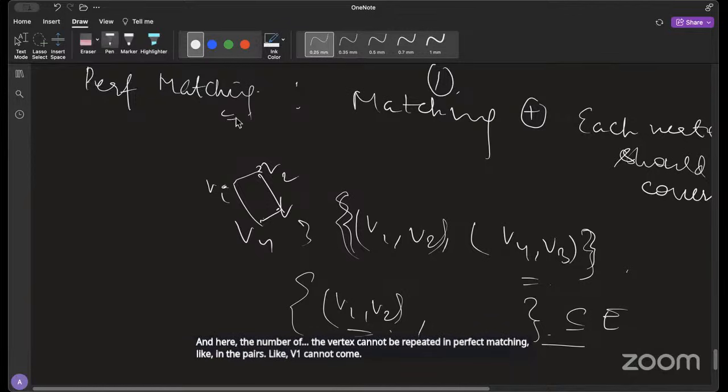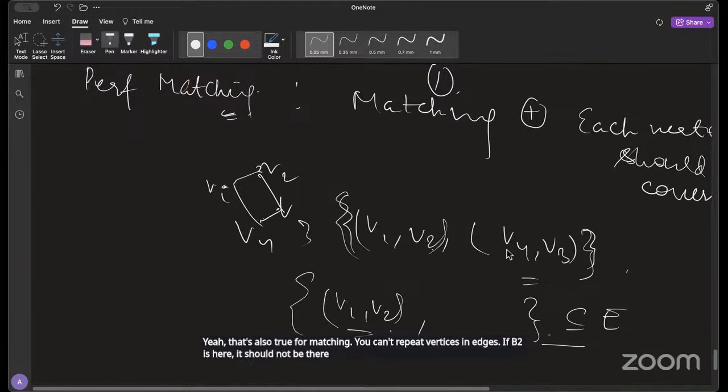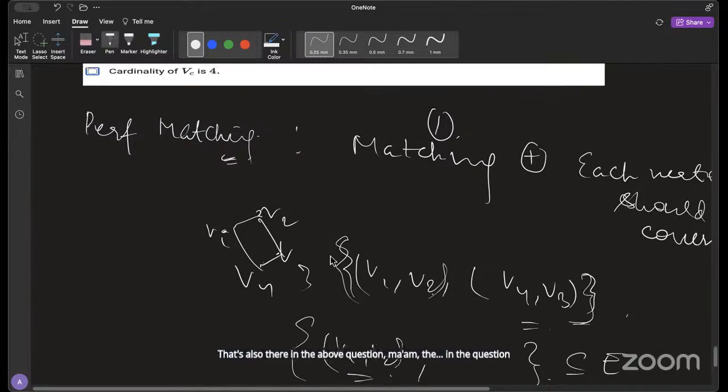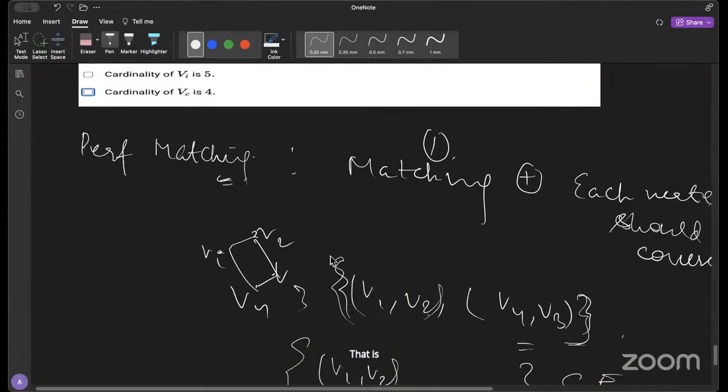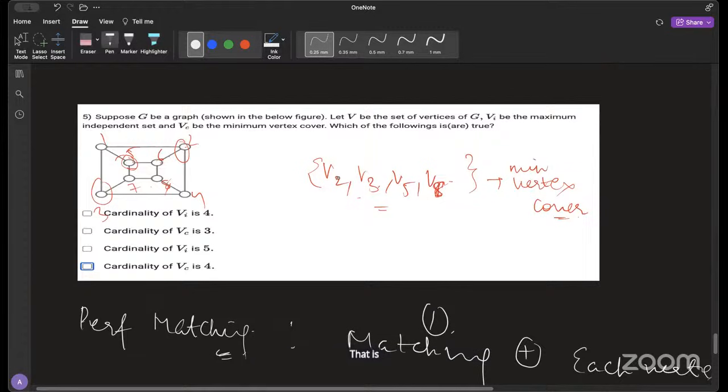Yeah, that's also true for matching. You can't repeat vertices in edges. If V2 is here, it should not be in any other edge. In the question there was a definition for that, also for the vertex cover, ma'am. Yeah, vertex cover.